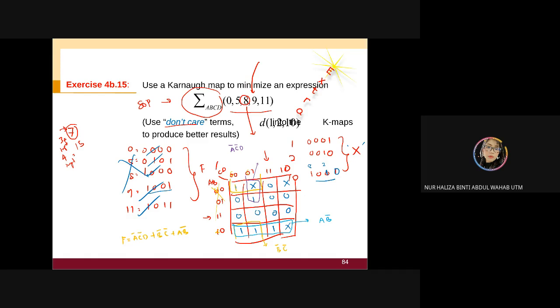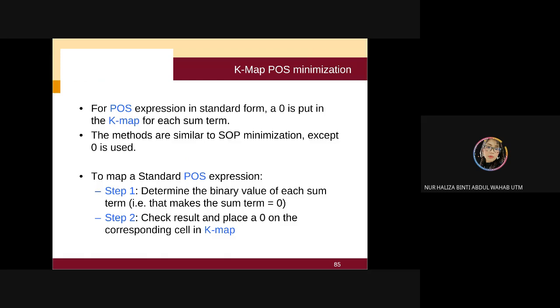So this is how you're going to get the simplified version of your Boolean expression using your Karnaugh map. So please try to do all the exercises. After that, you have POS, which is totally similar. What is the difference? The difference is only in the expression.